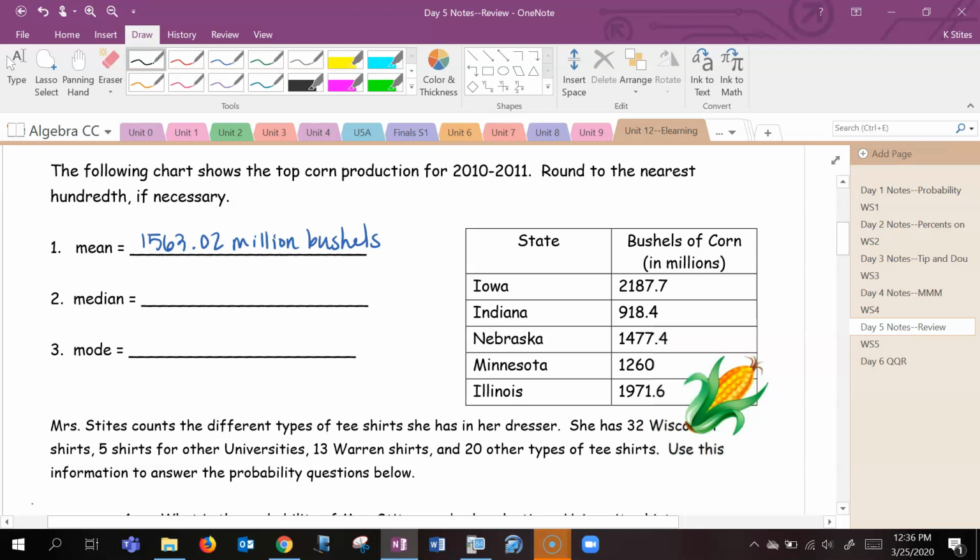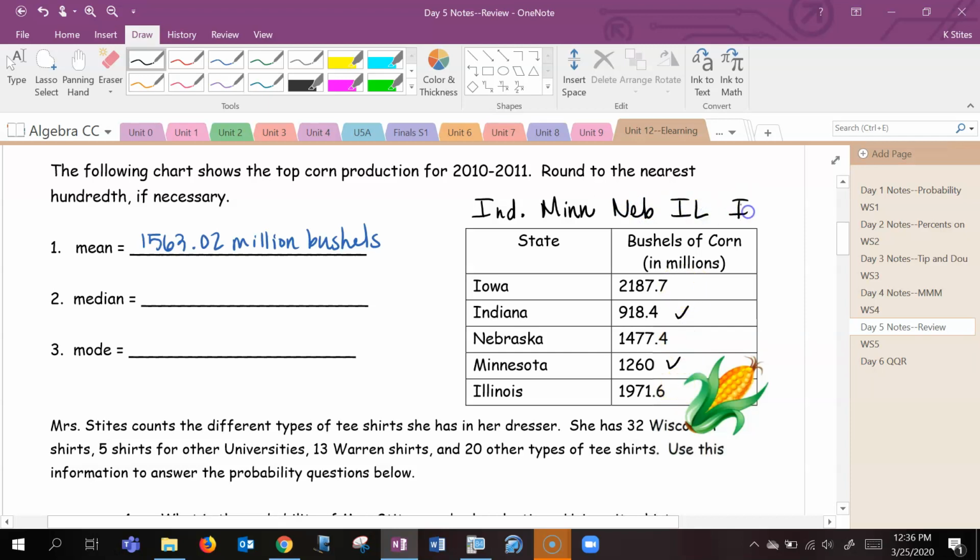All right, now our median should be pretty easy to find since we only have 5 numbers, but be careful if you notice these numbers are not in order right now. So the smallest number is going to be Indiana. I'm just going to list the states up here. And then after Indiana comes Minnesota. And then after Minnesota is Nebraska. And then Illinois.